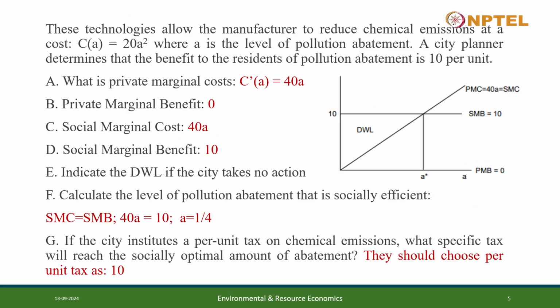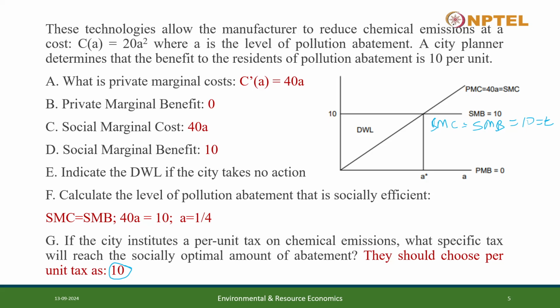And then the optimum tax per unit will be 10, because at 10 the social marginal cost will be equal to social marginal benefit. Therefore we get the tax amount as 10.